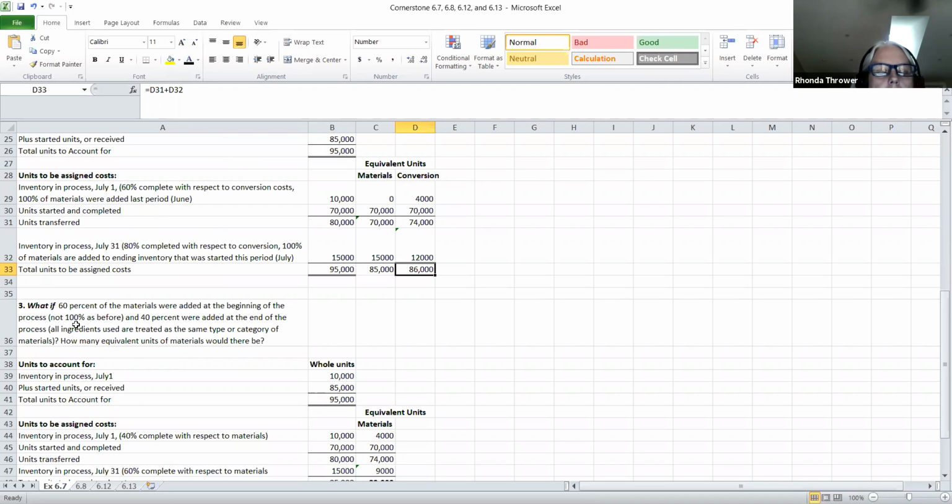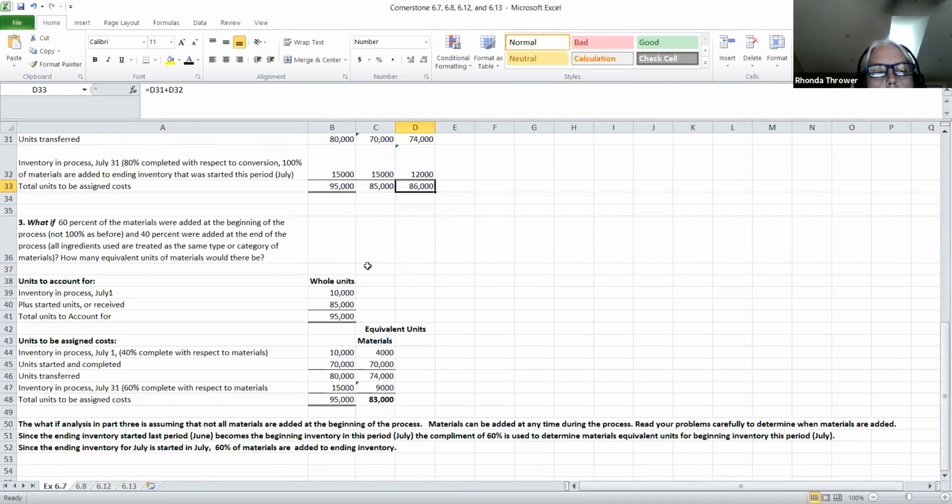So what this means is that the materials that we're adding at the beginning of the process are only equal to 60%, not 100% as we used in the previous problem. They also told you the remaining 40% of the materials were added at the end of the process.